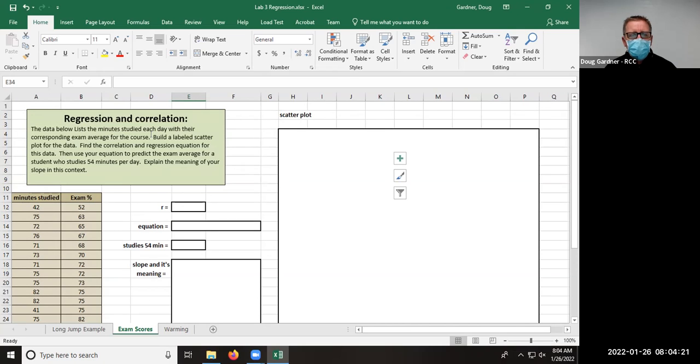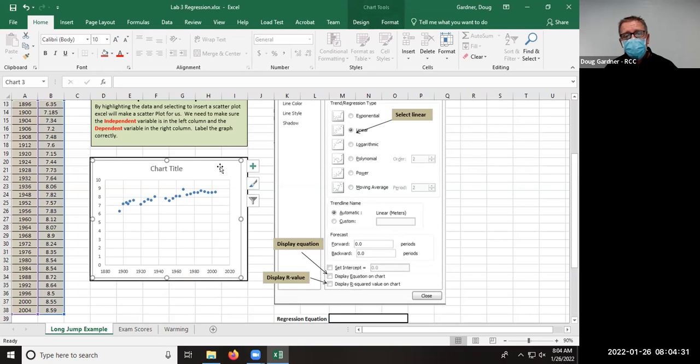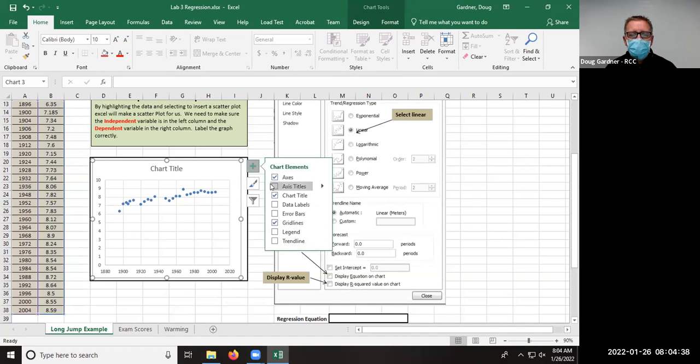Notice in the later problems, as I said, build a labeled scatter plot for the data. You should understand that mine isn't really labeled right now. I will take the time to do that. On these machines, it's really cool, at least the newer stuff, because this little plus sign here, as I've showed you, allows you to add axis titles.